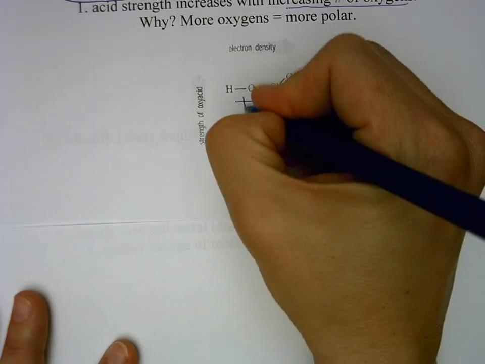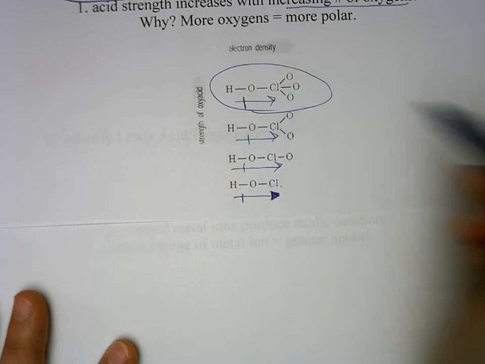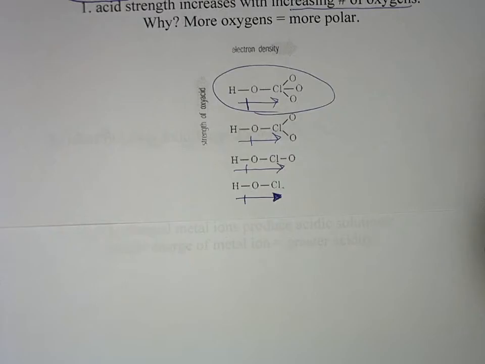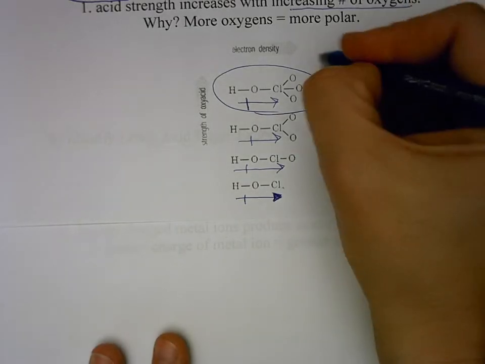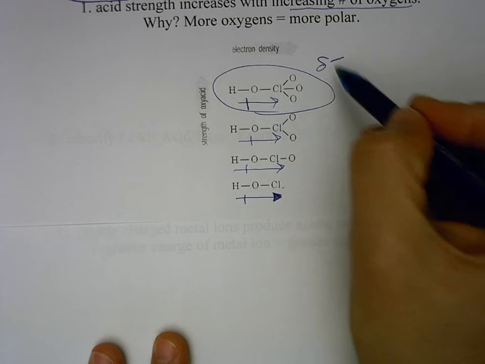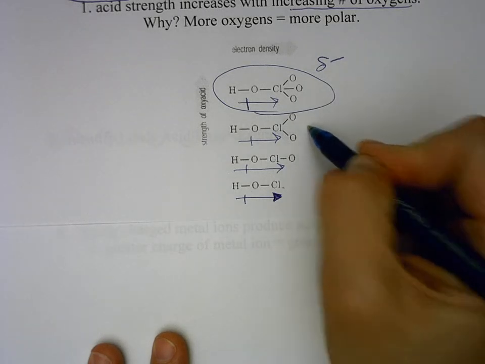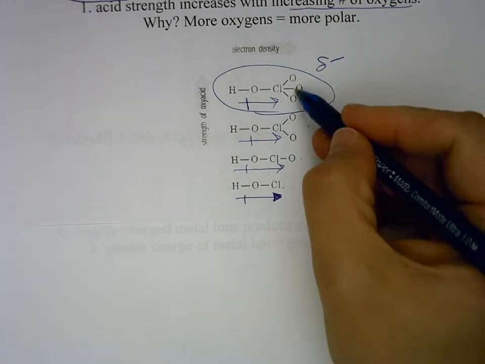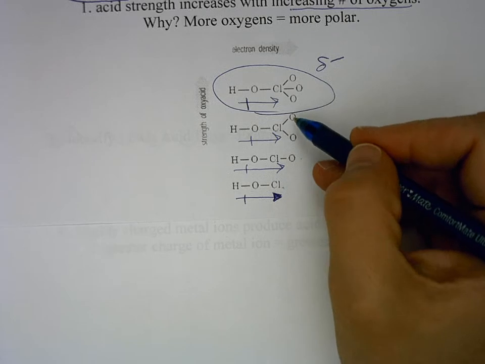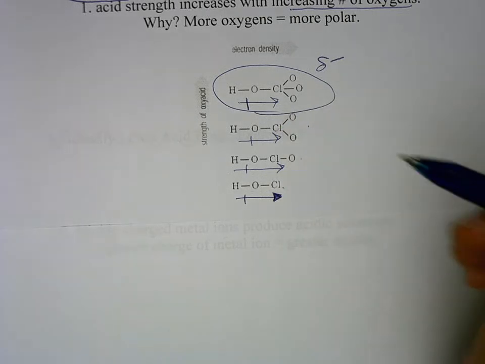The difference is that this molecule up here is going to have a bigger dipole moment. This negative is going to be a lot bigger than the negative of this molecule, the negative of this one, because there's more oxygens. There's more electronegative elements pulling on electrons.